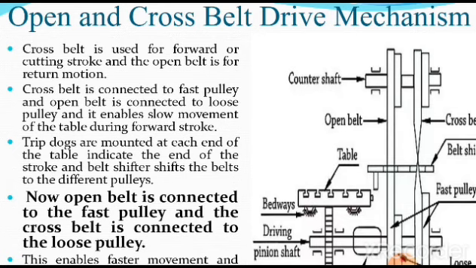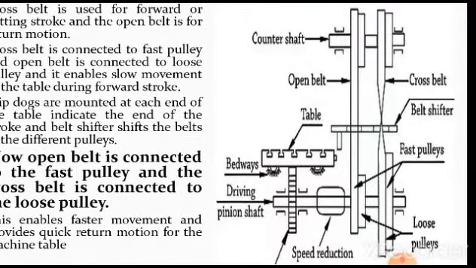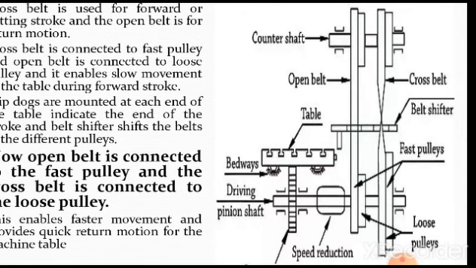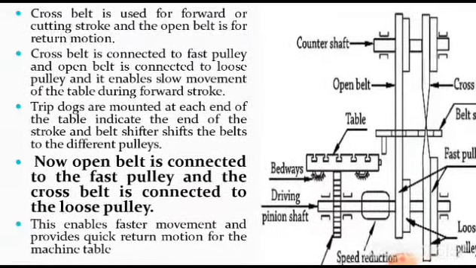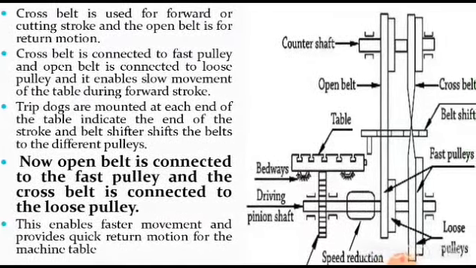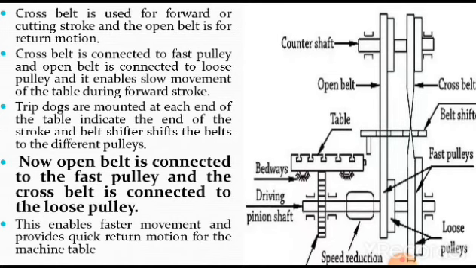Cross belt is connected to the fast pulley, as you are going to see very clearly here. Cross belt is connected to the fast pulley and open belt is connected to the loose pulley, and it enables slow movement of the table during the forward stroke.